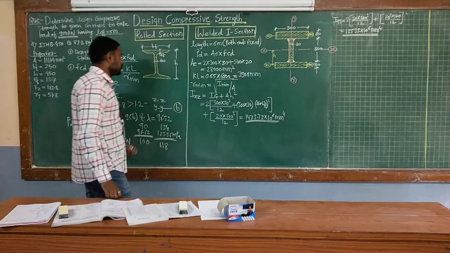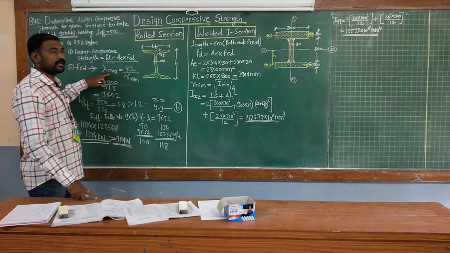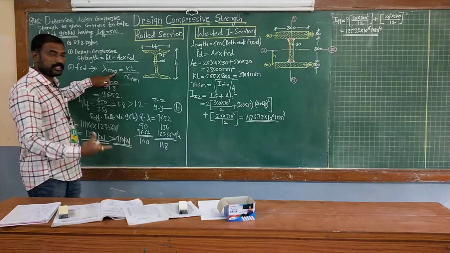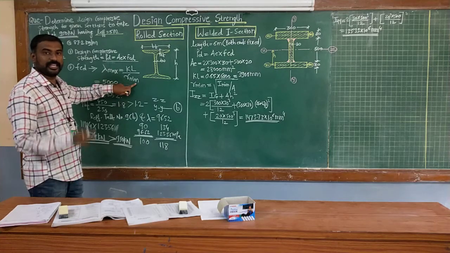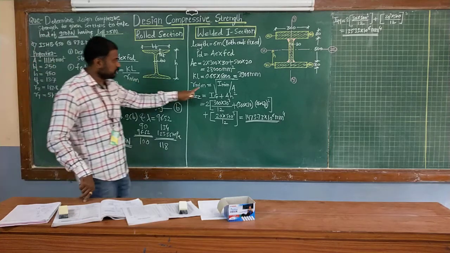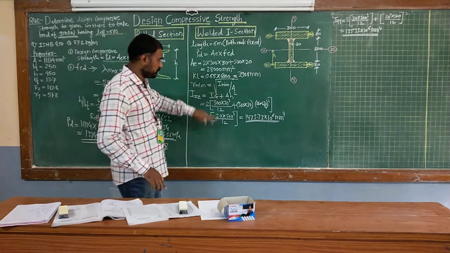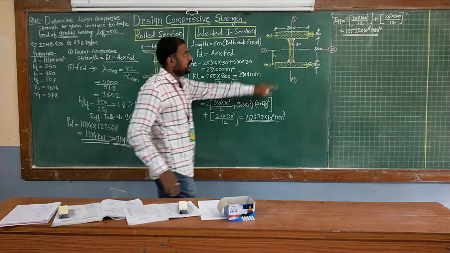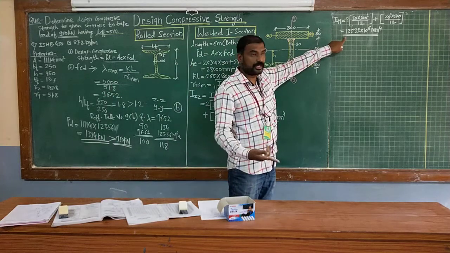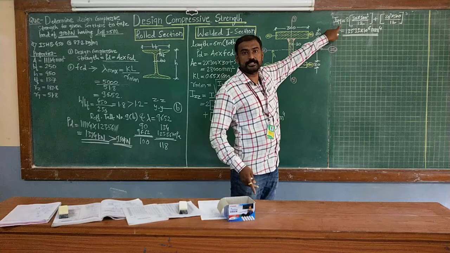So what is our assumption or what is our formula? You need to calculate lambda maximum for which r should be minimum, and in order to get your r minimum value, the moment of inertia should be minimum. So here you can observe which is the minimum value. Here it is 1473 and second is 135. So in short, your y side IYY is minimum.